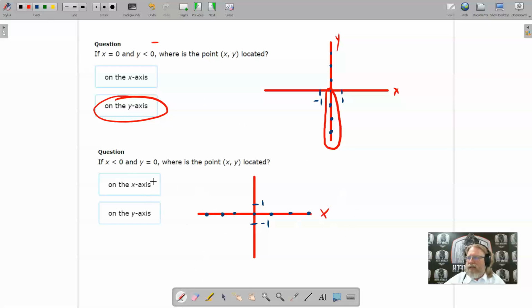So anytime that y is equal to 0, it's going to be on the x-axis. In review, if x is equal to 0, it's on the y-axis. If y is equal to 0, it's on the x-axis. Kind of like backwards, you might say.